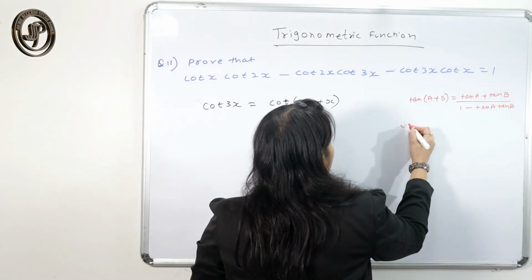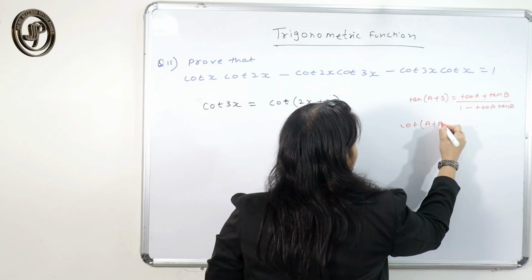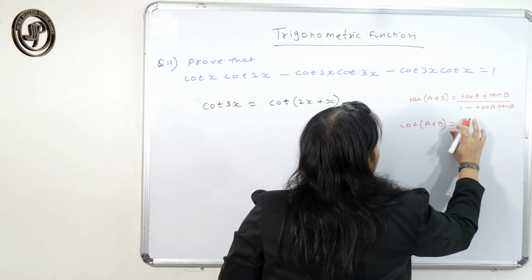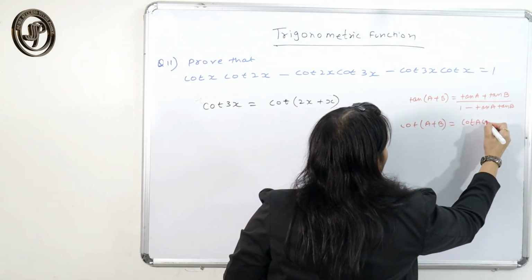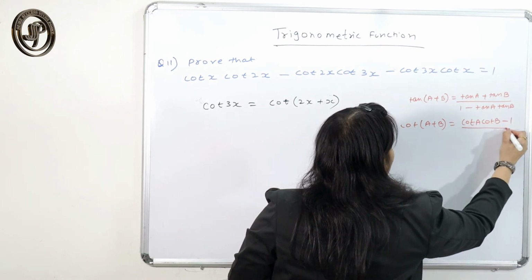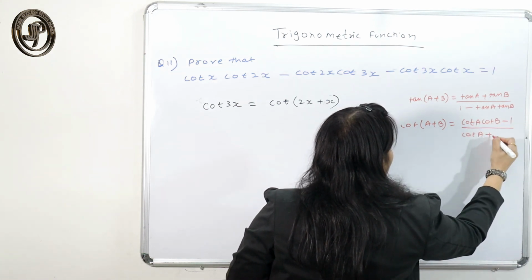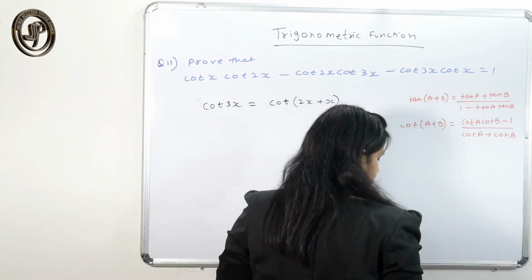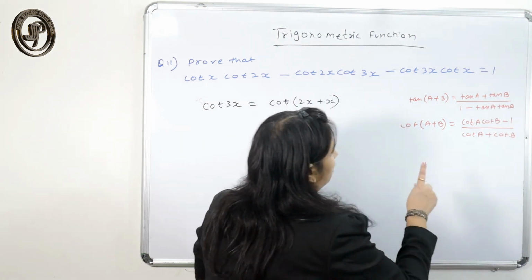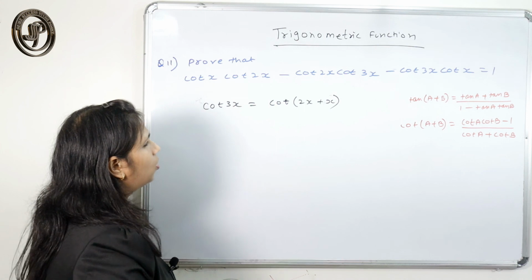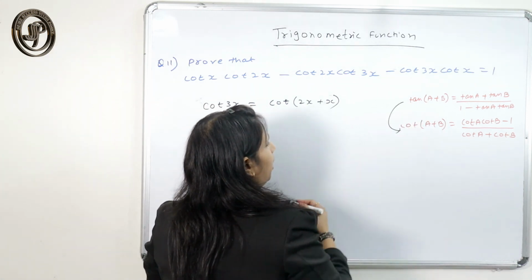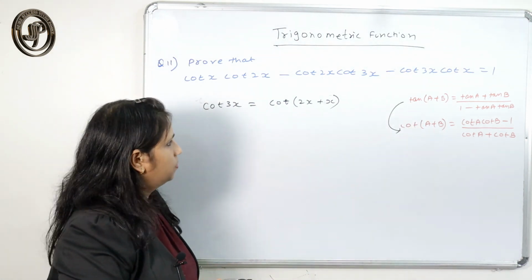The same way, cot a plus b equals cot a cot b minus 1 upon cot a plus cot b. So you need not memorize this formula, you can derive it with tan a plus b only.